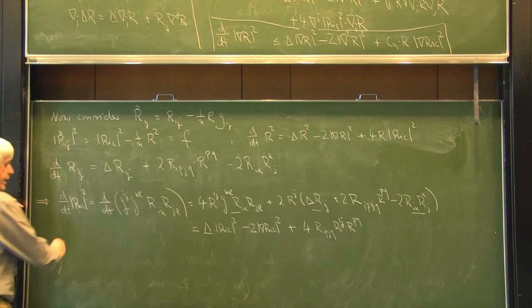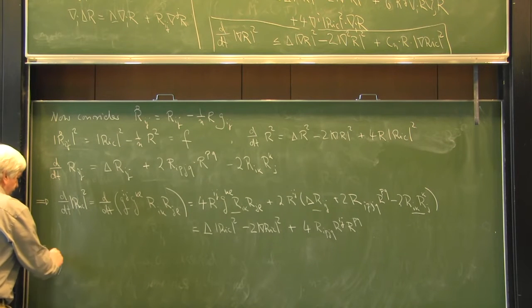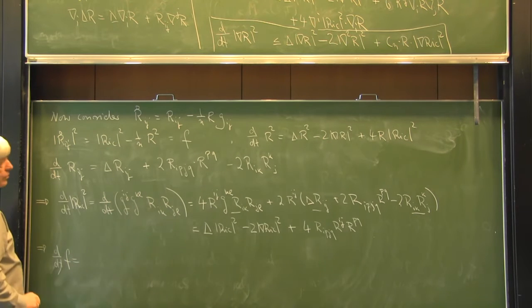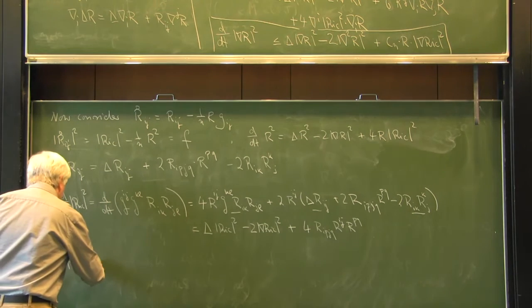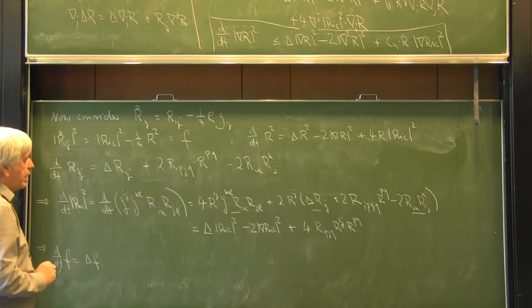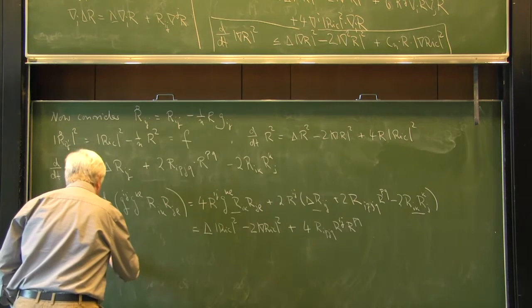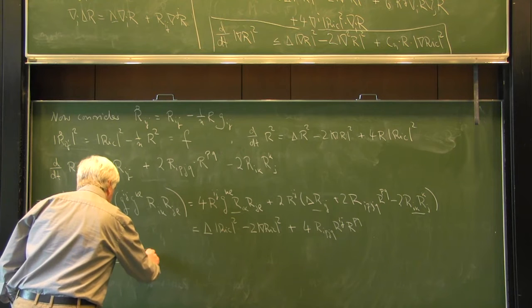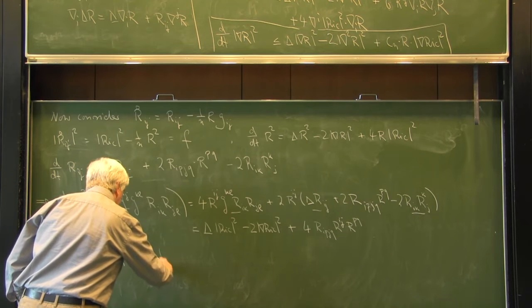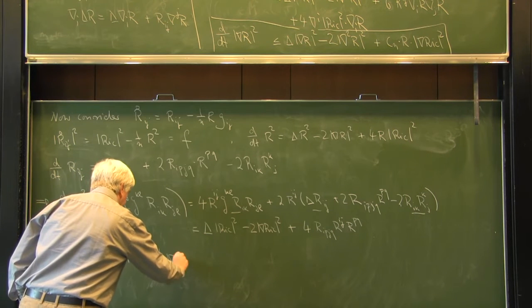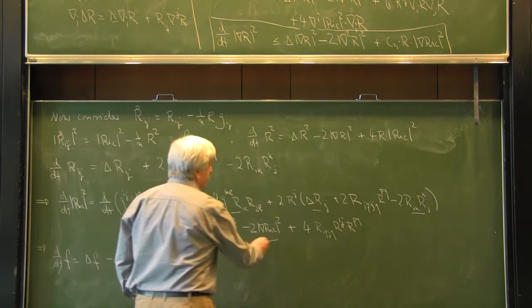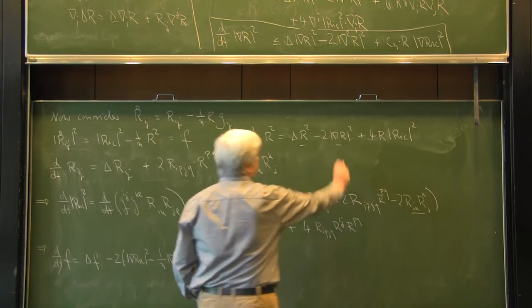If we now put it together, we get the evolution equation for f. d/dt of f is equal to the Laplacian of f, and then we get minus twice gradient Ricci squared minus 1 on n gradient scalar curvature squared, taking care of these terms.